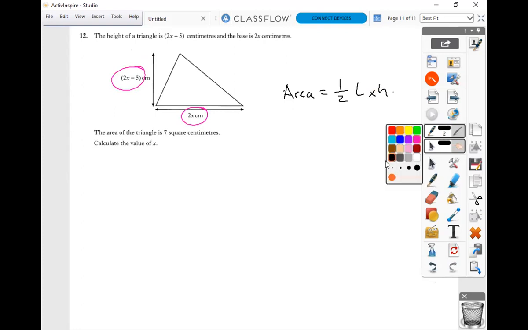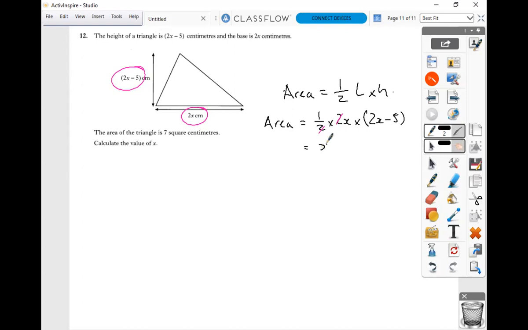Okay, so we're just substituting those figures in. The area equals a half times 2x times 2x minus 5. All right. Half times 2x. Cancel those 2's out. So a half times 2x just leaves us with x.